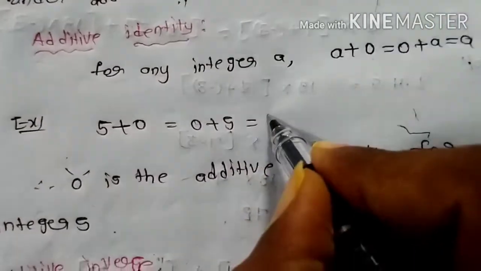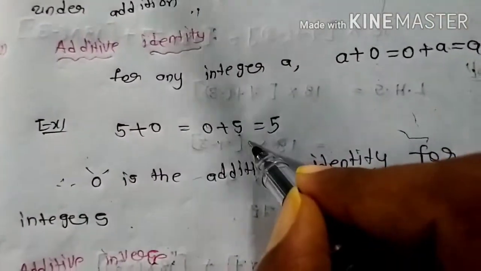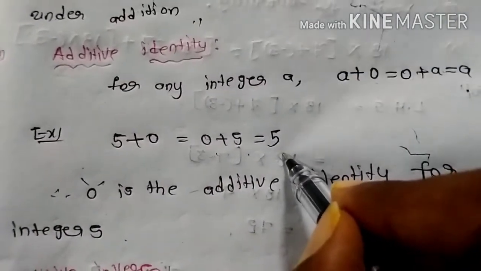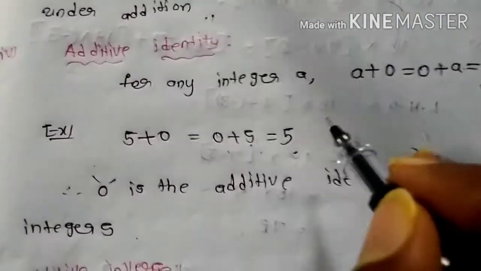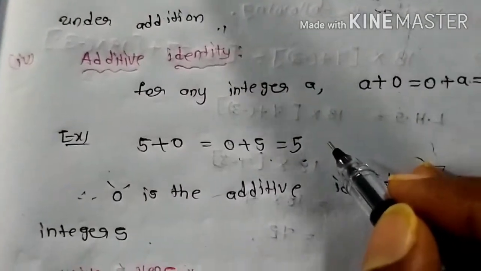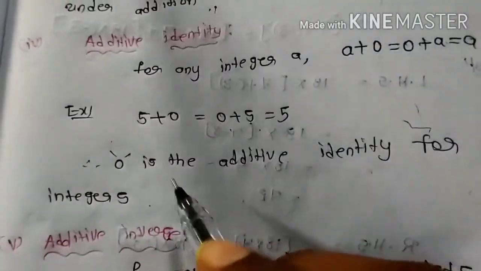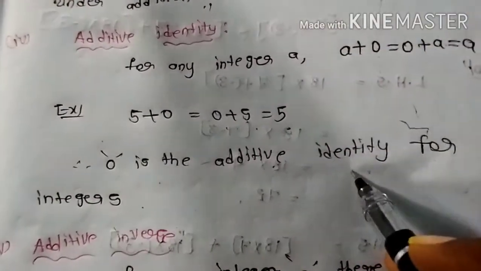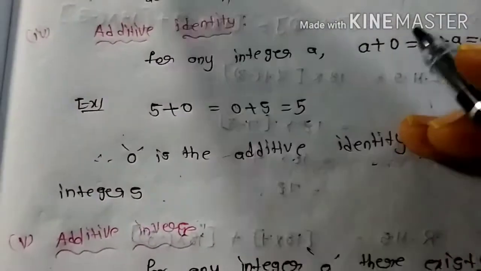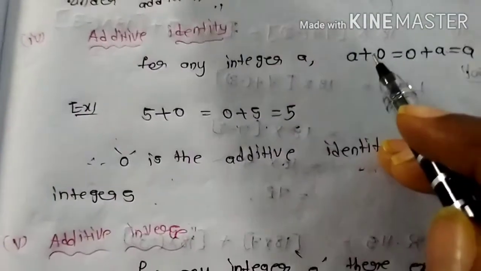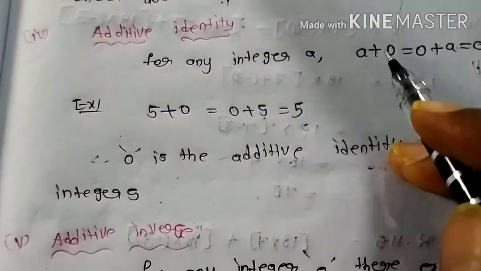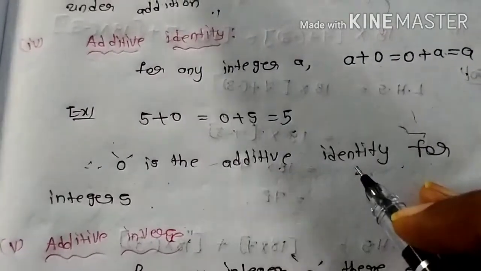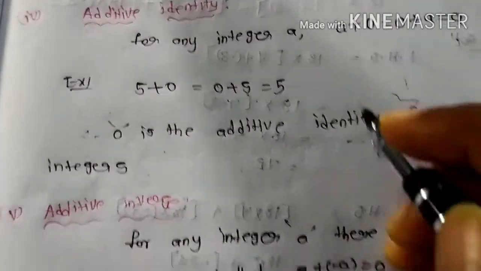That means whenever you are adding 0 with a given number, you will get the given number only as the result. Yes or no? If I am asking, 3 plus 0 is how much? 3 or not? Yes. In the similar way, you can remember here, 0 is the additive identity for integers. This will come in your objective. Which one is called the additive identity for integers? You can write it as 0.